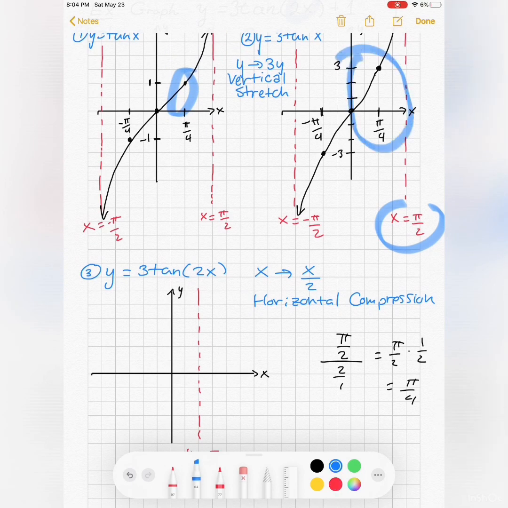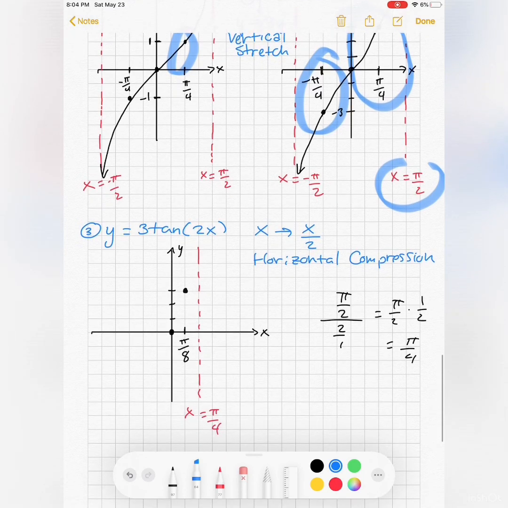My key point at pi fourths, 3, if I divide pi fourths in half, half of a fourth is an eighth. So now that's at pi eighths, 3. 0, 0 won't move. If I take negative pi fourths, divide it by 2, half of a fourth is an eighth.